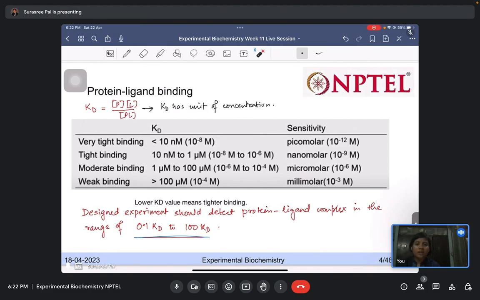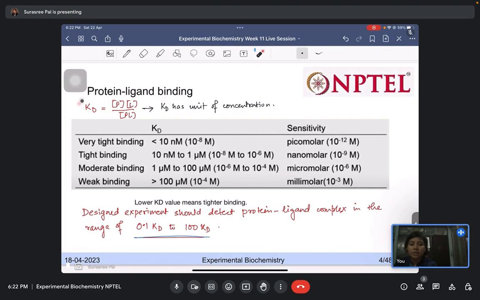Which means that whether it is in the nanomolar range, or micromolar range, or millimolar range, we should have an idea about it so that we can design our experiments in such a way. So why is it necessary? First of all, before going to that, let me just discuss the unit of Kd.